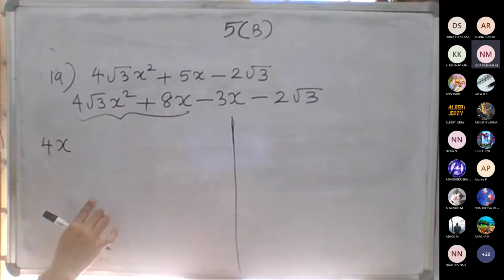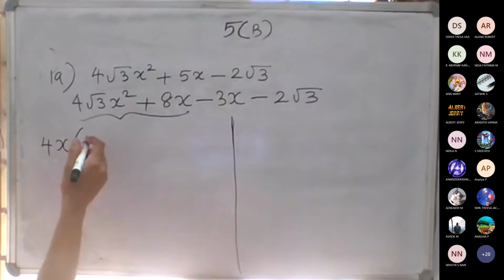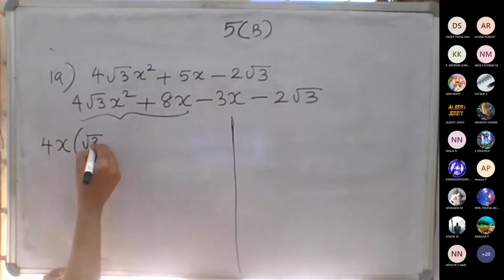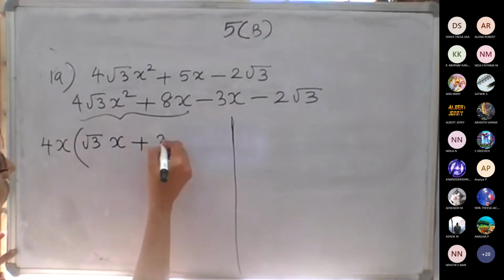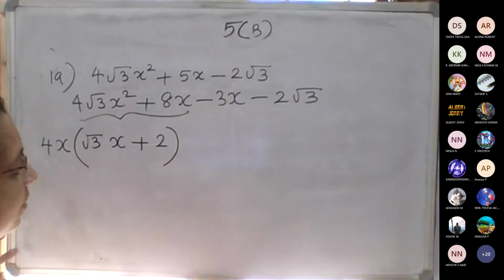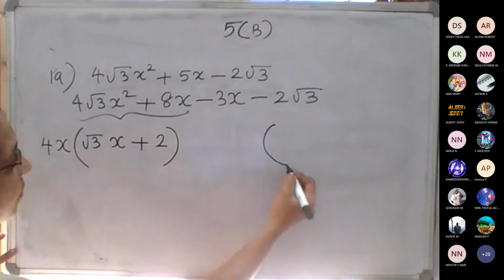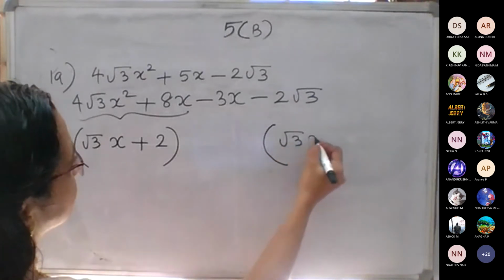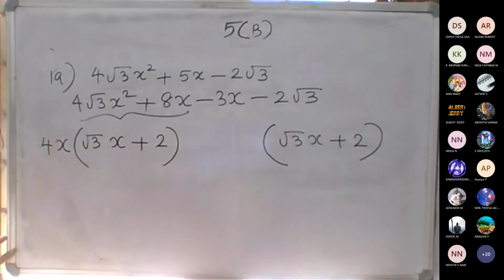Ma'am, I said 4x. Okay, 4x only. 4x, then root 3x plus 2.